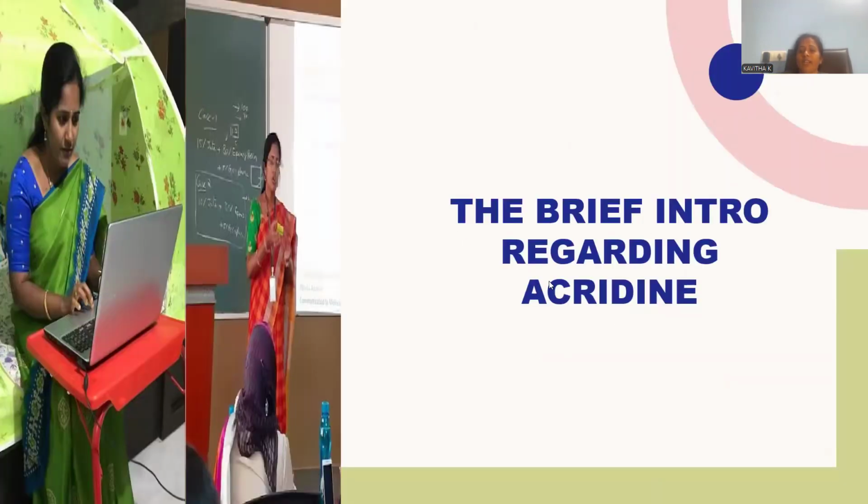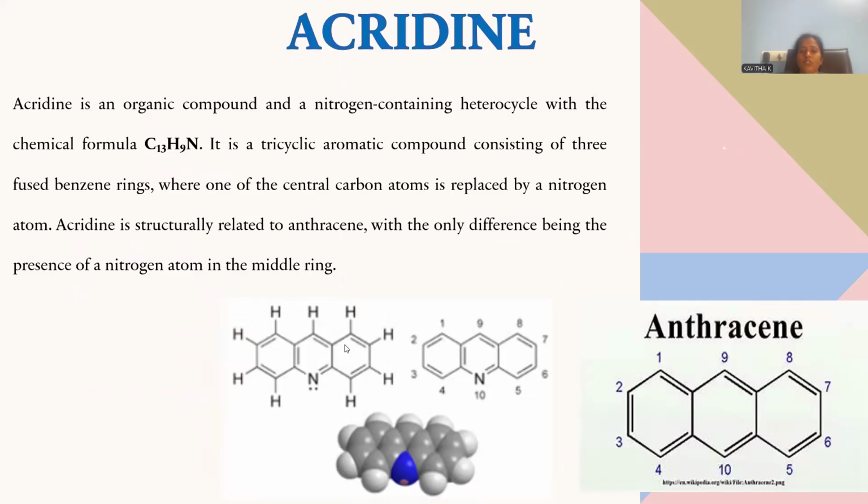A brief intro regarding acridine is going to be discussed here. Acridine is an organic compound made up of carbon, hydrogen, and nitrogen together. It is a nitrogen-containing heterocyclic system, and there are 13 carbon atoms, 9 hydrogens, and 1 nitrogen within the molecule.